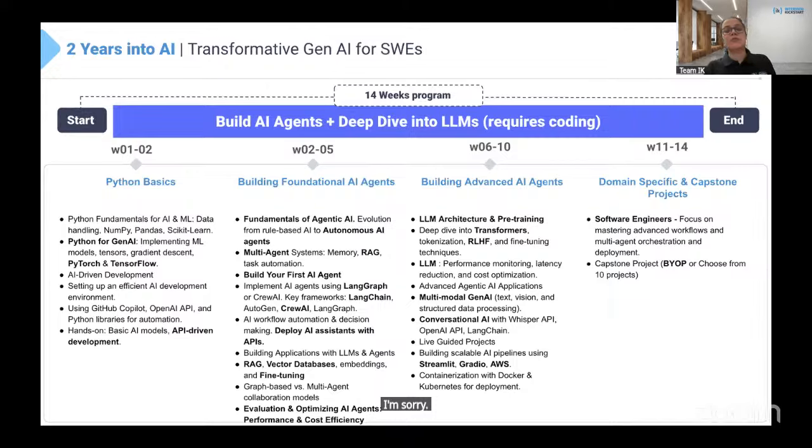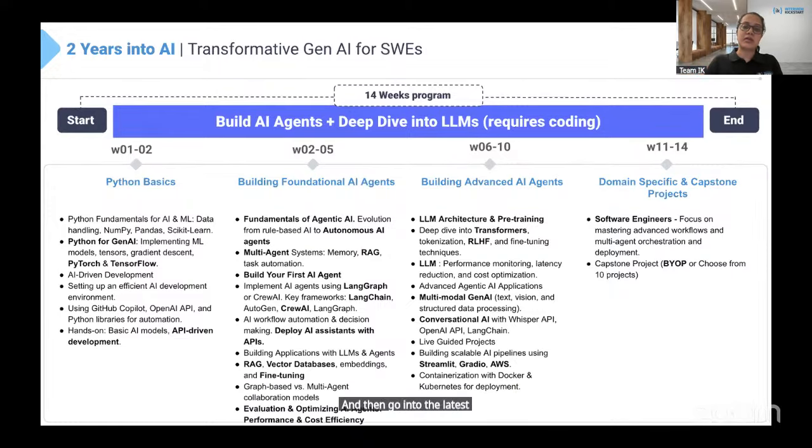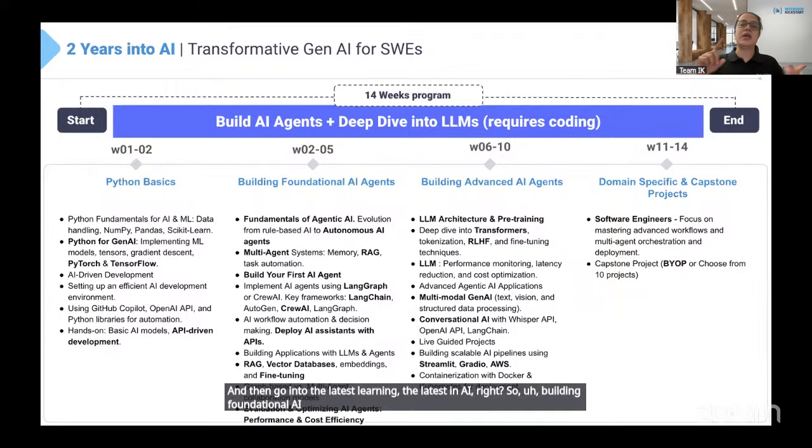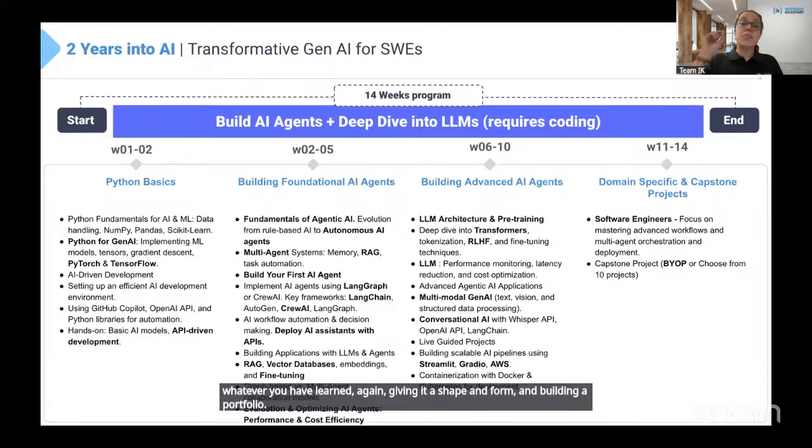This is a 14 weeks program of upleveling. You start with Python basics for the first 2 weeks, and then go into learning the latest in AI, building foundational AI agents, building advanced AI agents, and then whatever you have learned, again, giving it shape and form and building a portfolio with domain specific projects.